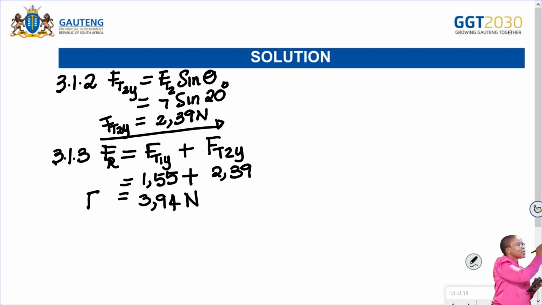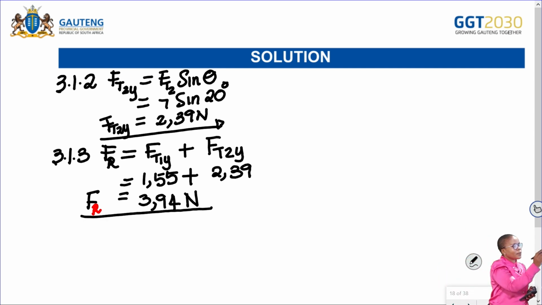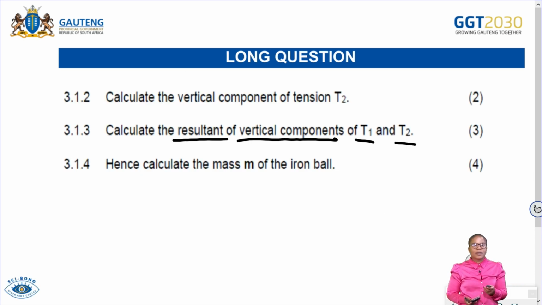This is the resultant of the vertical components. This is how easy it is, because we were asked to calculate the resultant of the vertical components for T1 and also T2.